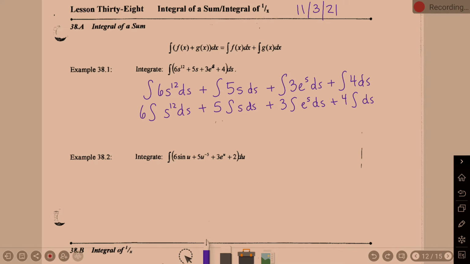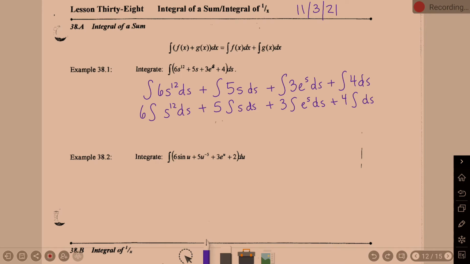So if we add 1 to the power, that becomes 13. And then if we divide by 13, you can say s to the 13 over 13. Or we can sometimes put out front as like 1/13 s to the 13th. Keep in mind we have a 6 in there though.